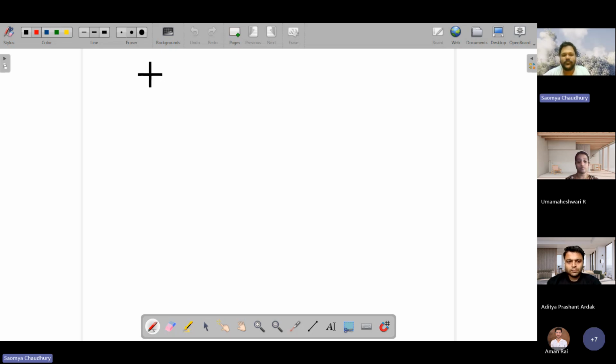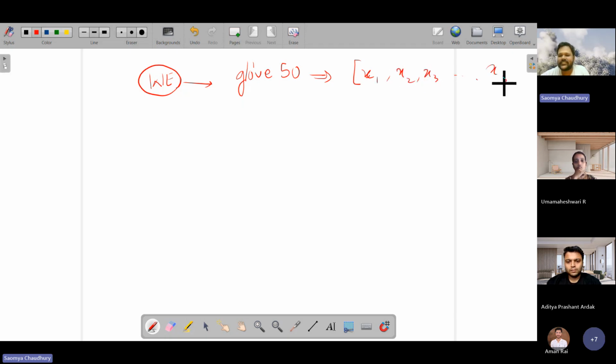You see the word embeddings. You saw the word being embedded. Let's take GloVe 50. It is being embedded in 50 dimensions, so x1, x2, x3, and so on till x50.